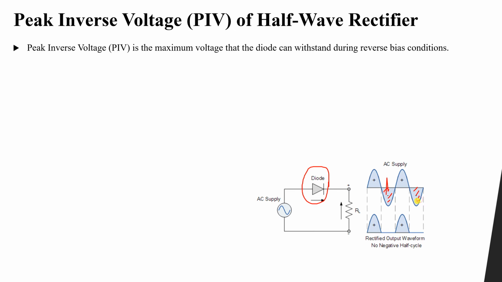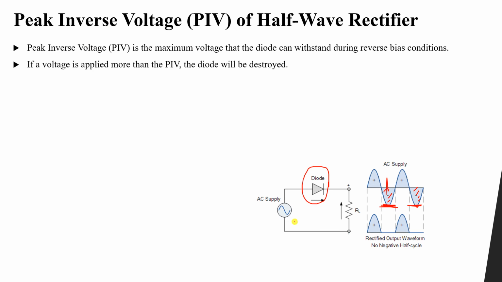So my question to you is, what is the maximum value of voltage that the diode must withstand in the blocking mode? This maximum value in the reverse bias conditions is called the peak inverse voltage.